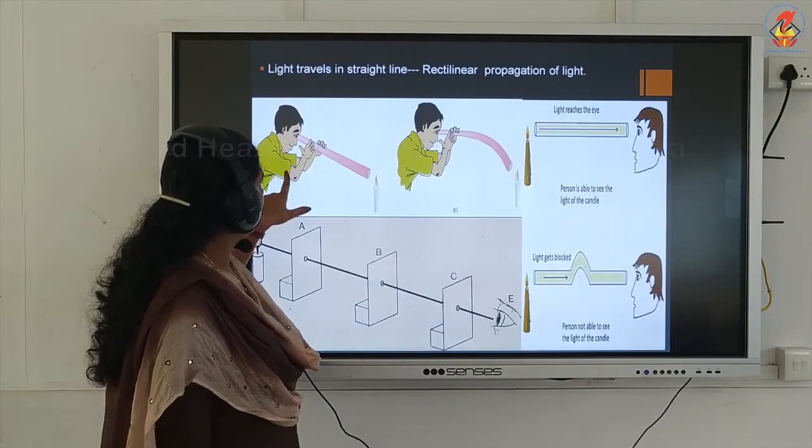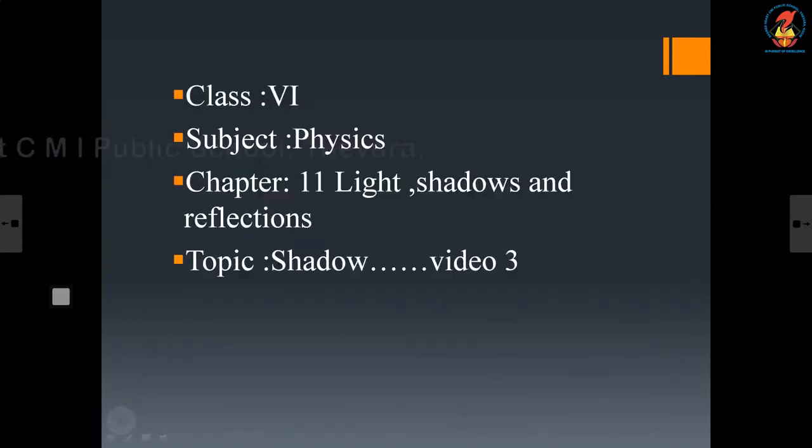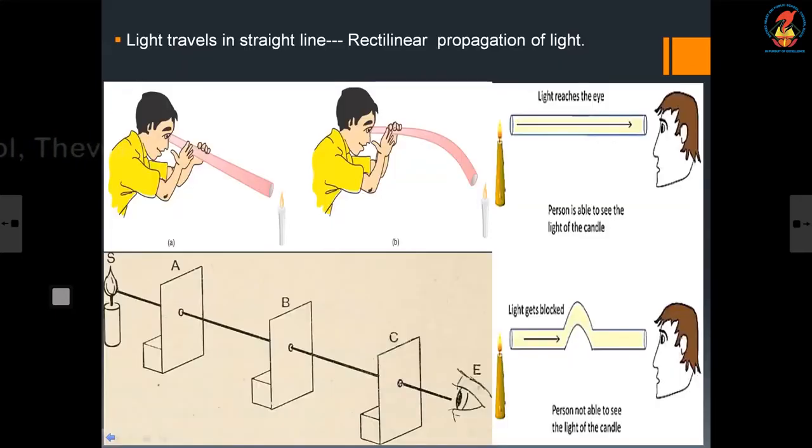Here this boy is making a tube with the help of newspaper. Just fold the paper, roll the paper and you can view through that paper.